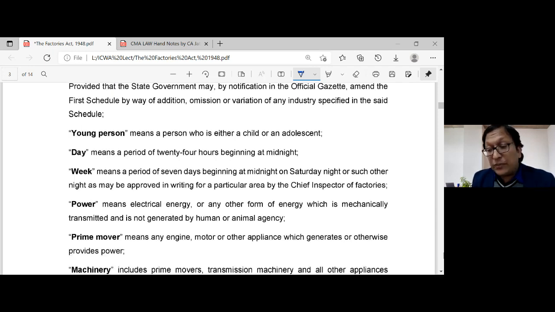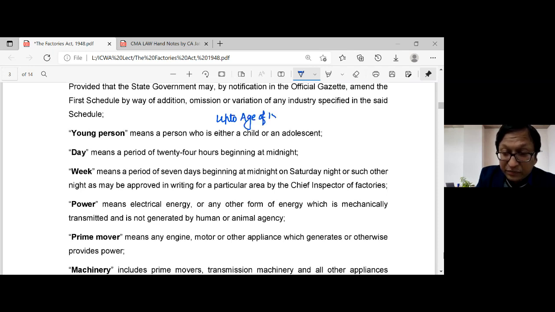Then we have young person. What do we mean by young person? Young person means a person who is either a child or an adolescent. I told you, a person up to the age of 15, who has not completed 15 years of age, is a child.